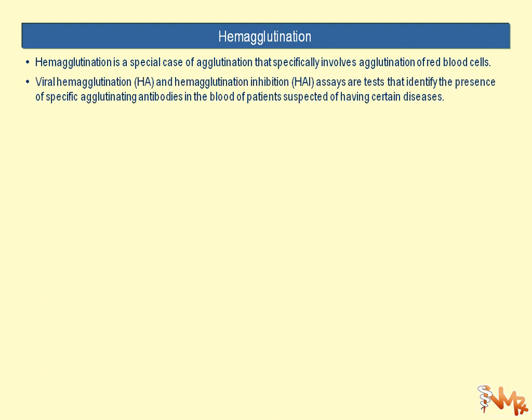Viral hemagglutination, HA, and hemagglutination inhibition assays, HAIs, are 2 tests that identify presence of specific agglutinating antibodies in the blood of patients suspected of having certain diseases. Lab serology of influenza virus is one of the common indications for the HA and HAI tests.